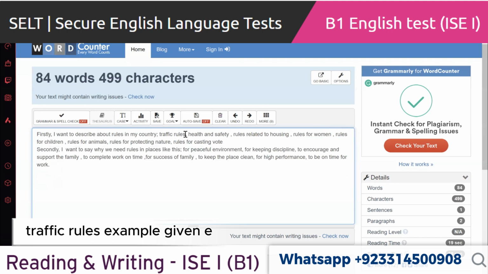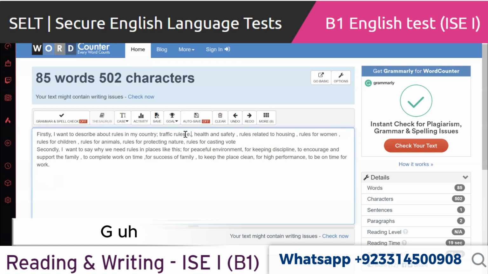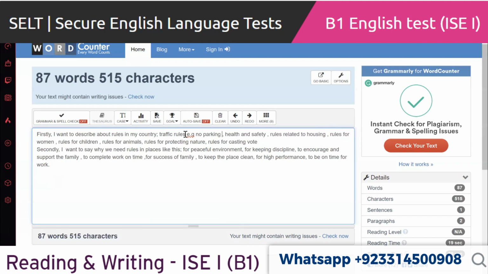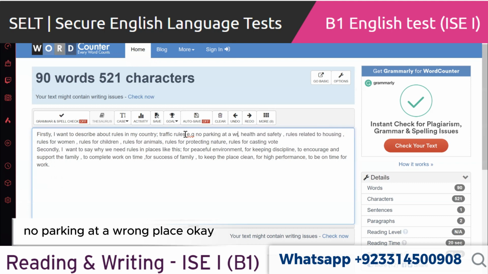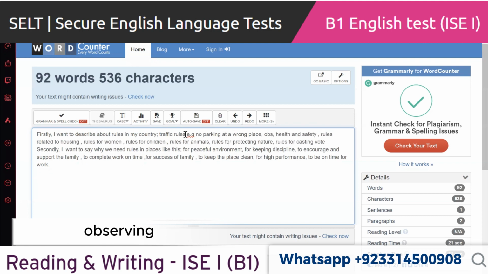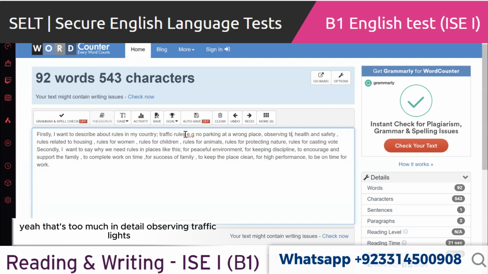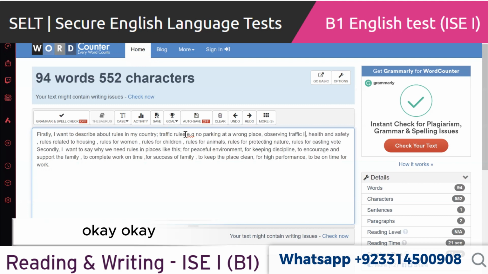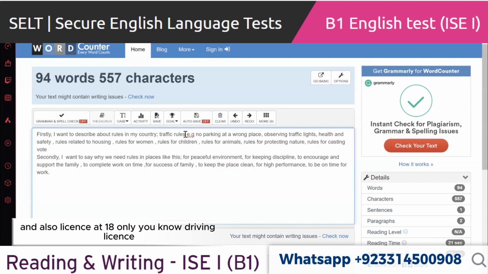Traffic rules, example given, e.g., no parking at a wrong place. No parking in front of a school. Observing traffic lights. Also, driving license after 18 only.